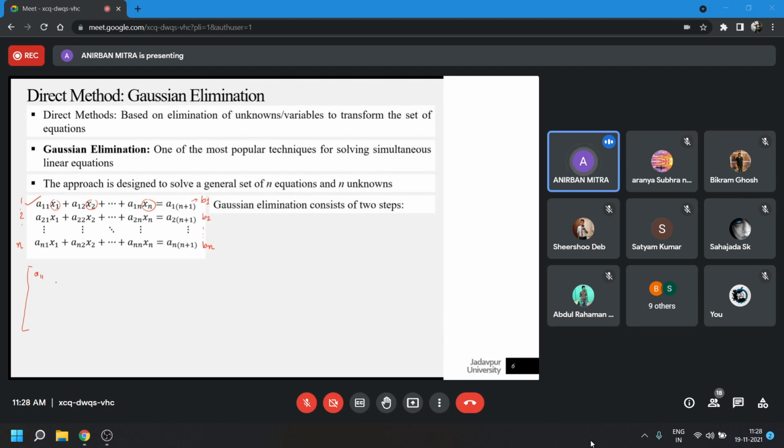We can write these coefficients in a matrix like this. A1n, this is A21, A22, going up to A2n. Like that, we can continue till the nth row. This is An1, An2 goes up to Ann.